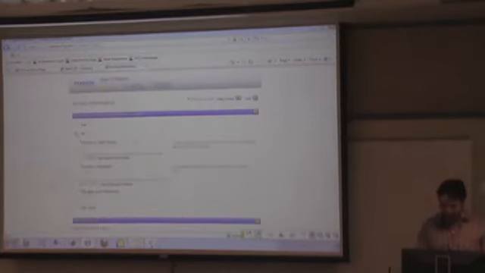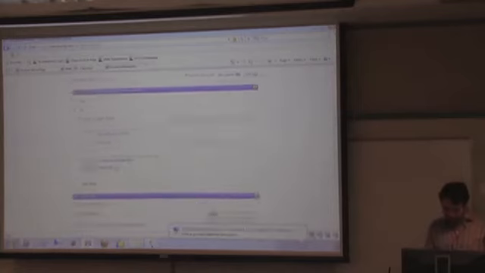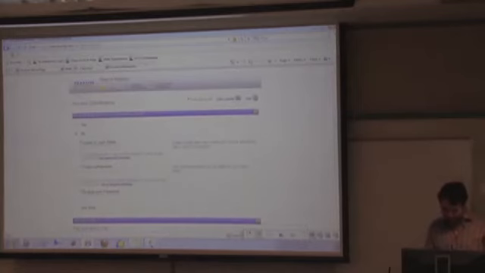You can create a login name and a password. It's a good question. What should I do? Problem is I already registered, so I can't register again. So let's see.